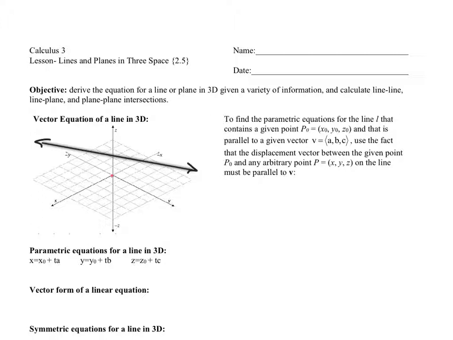So I'm going to create a vector that we're going to call ABC, vector V, that's parallel to that arbitrary line. Pretend it's parallel. Make it look parallel on your papers, because apparently I can't draw parallel.